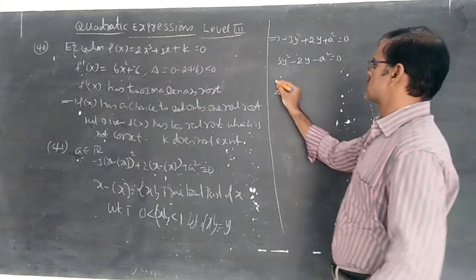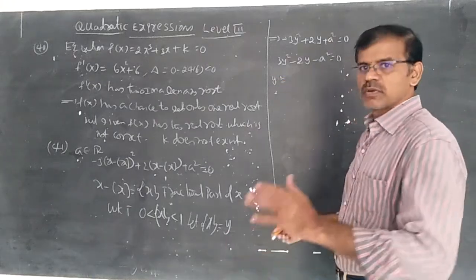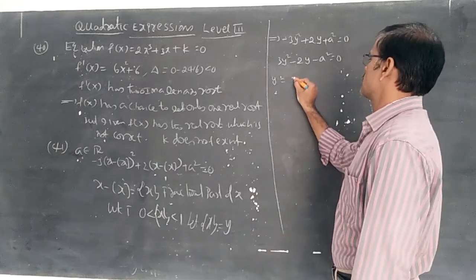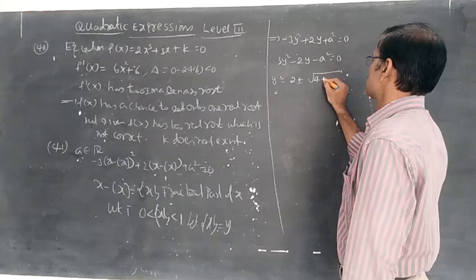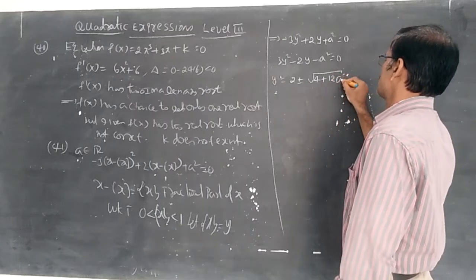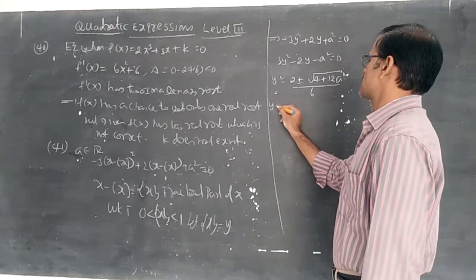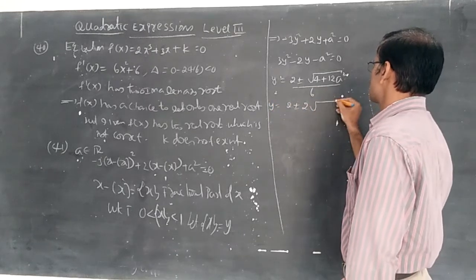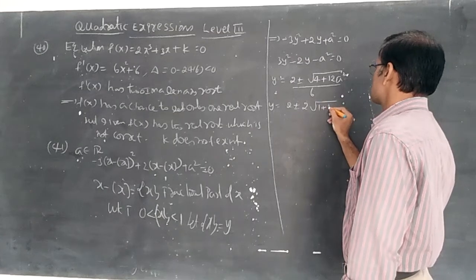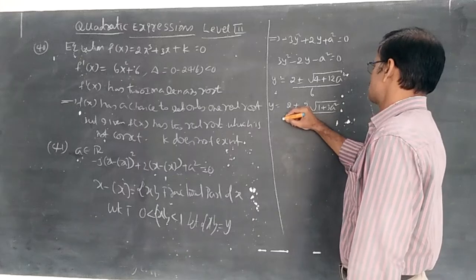Now, let us calculate y. Y is equal to minus b plus or minus root of b square minus 4ac, whole by 6. So y is equal to 2 plus or minus root of 12a square, taking 4 common, it becomes root of 1 plus 3a square, whole by 6.